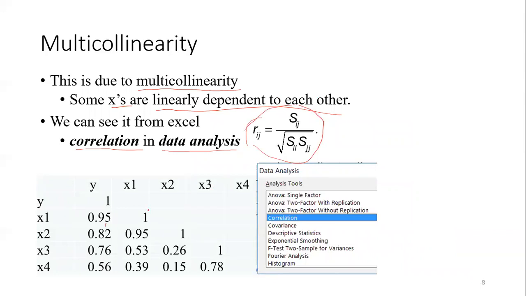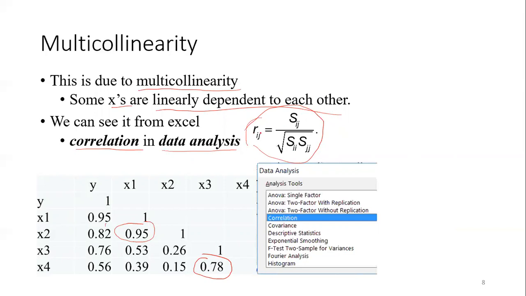The matrix of the correlation coefficients turns out that x2 and x1 are highly correlated. Okay, they are highly correlated. And moreover, x3 and x4 are highly correlated.